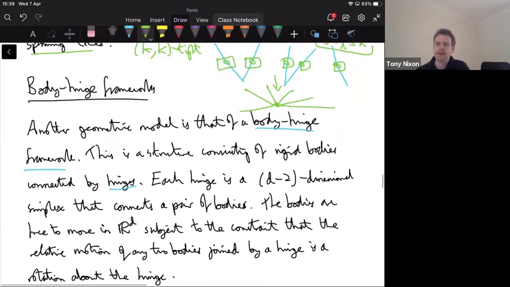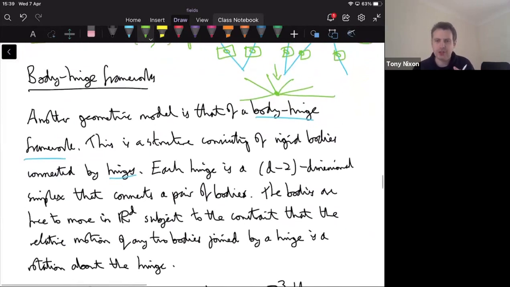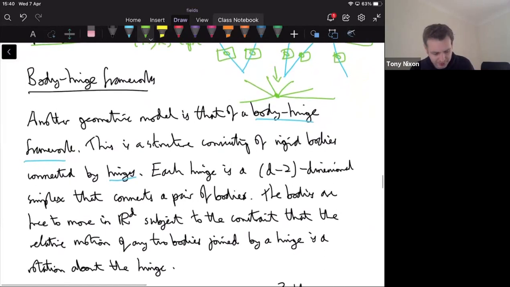Okay, so that's body-bar frameworks, and I'll come back to them. I'm realizing I don't have that much more time, and I want to finish on time today because there's something at 4 o'clock. 4 o'clock my time, 11 o'clock your time. So I want to quickly mention body-hinge frameworks, which you can think of as somewhere partway from body-bar frameworks, as an easy case, to general bar-joint frameworks.